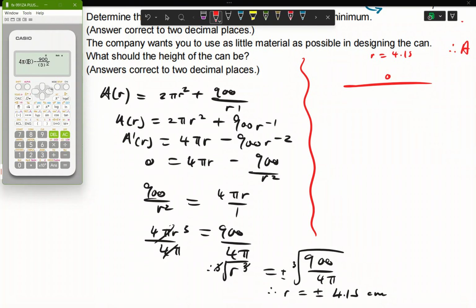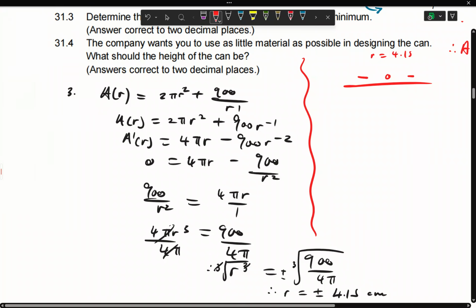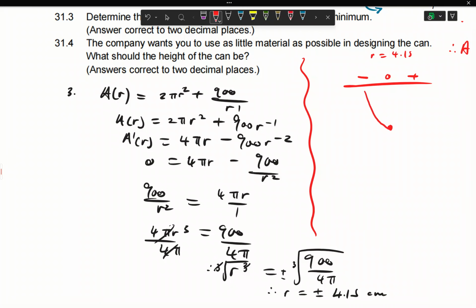Let's try a number greater than 4.15, which is 5. So it is positive. So now it is negative and then positive. It means your function is decreasing, then the gradient is 0, and then it increases. So this is the minimum.